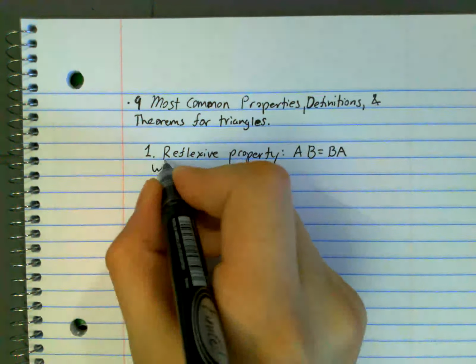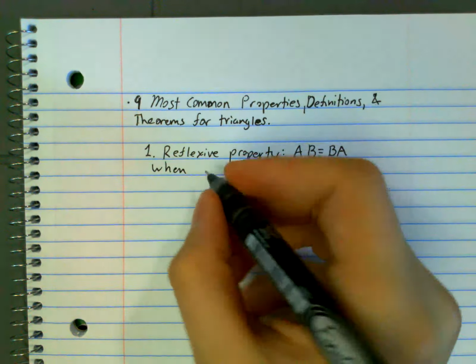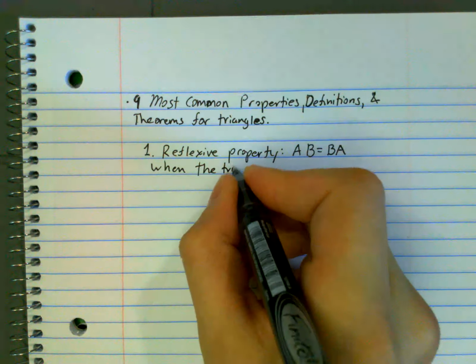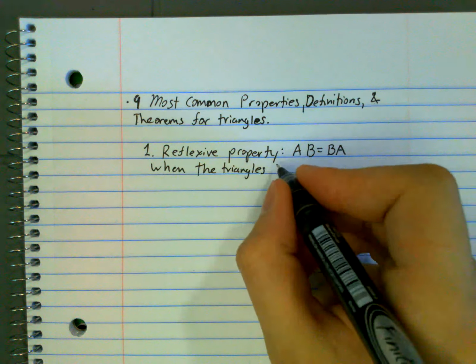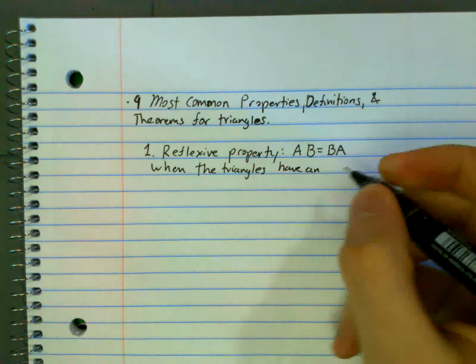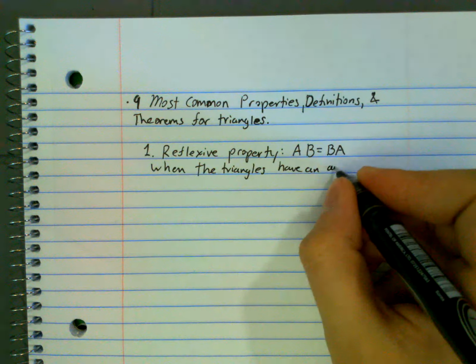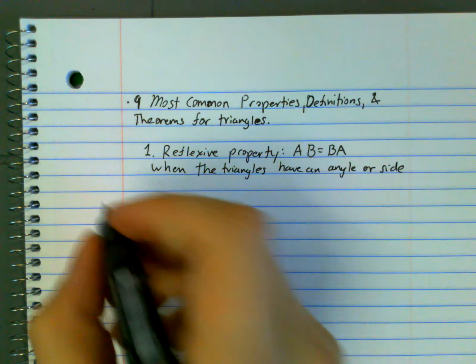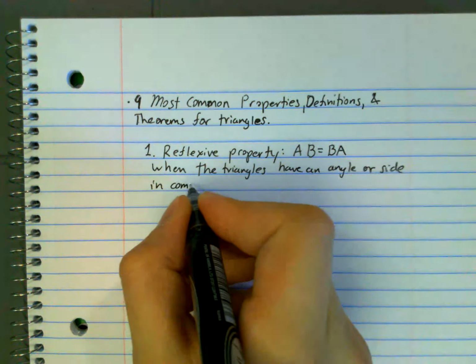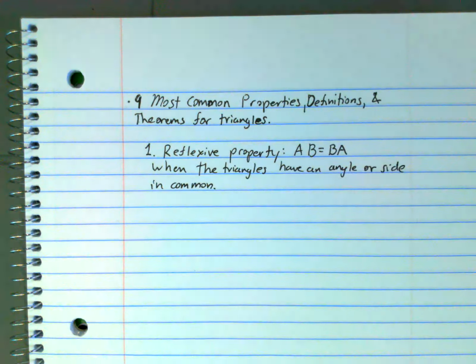Which states when the triangles have an angle or a side in common, it looks something like this.